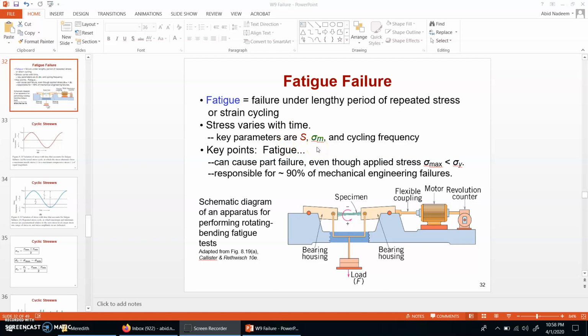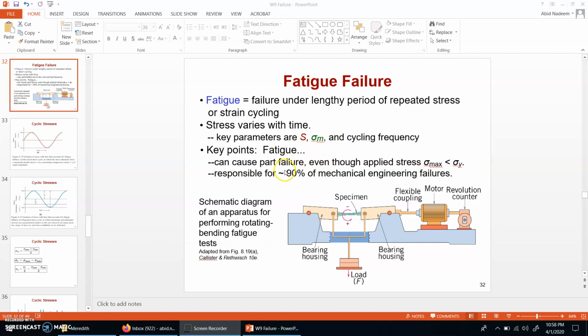In those situations, the key parameters for fatigue failure are the number of cycles, the average of the stress, and the level of stress S. Therefore, we need to consider these factors.